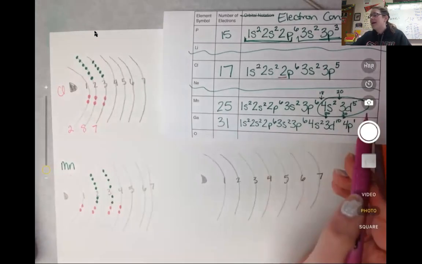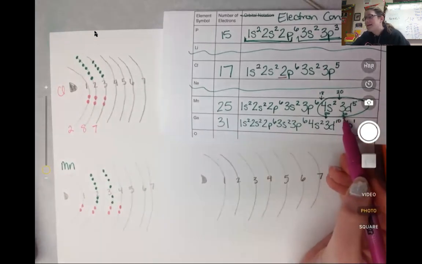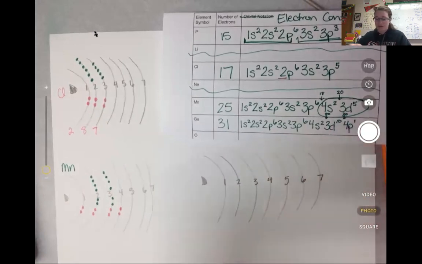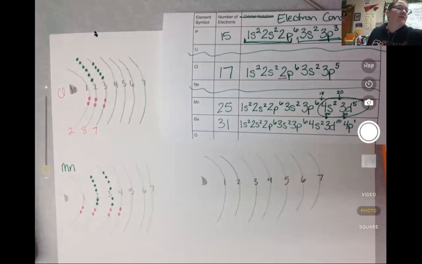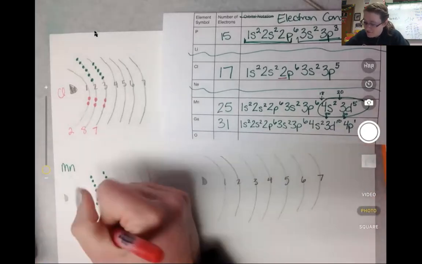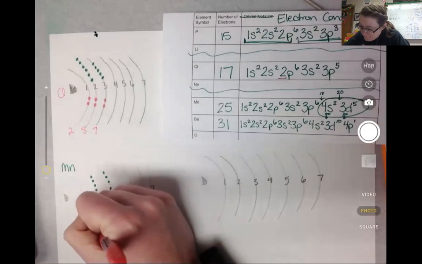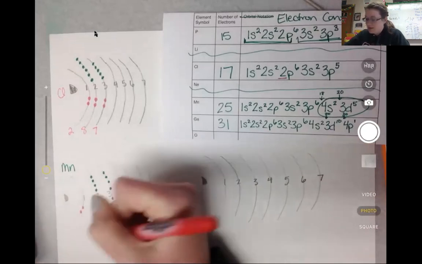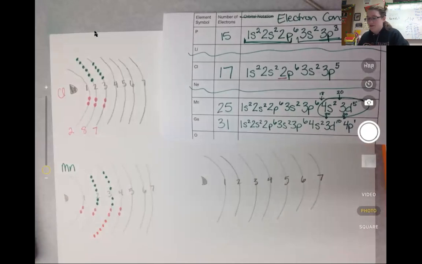Notice it then jumps back inside to the third energy level and fills in 5 more electrons. There are those 5 extra electrons.